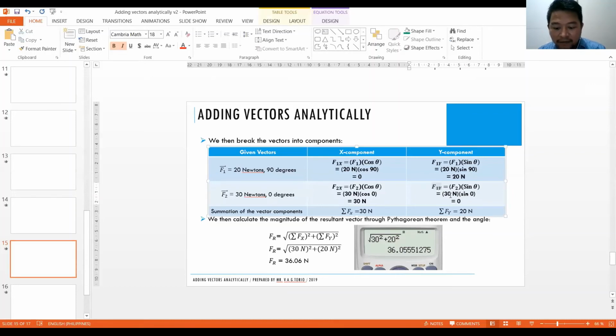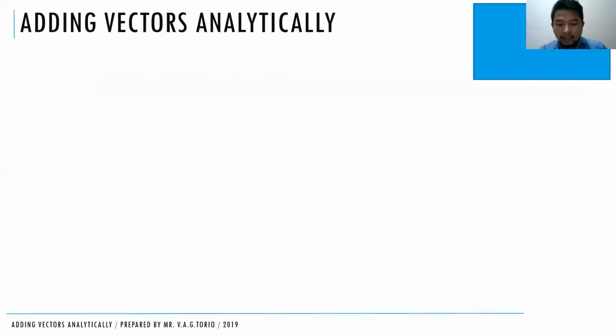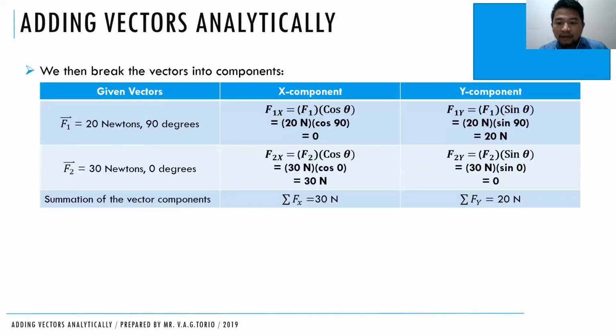This is f sub 2y. There. We substitute the magnitude of f sub 2, which is 30 newtons, and multiply that with the sine of the angle theta. Sine 0 is 0. 0 times 30 newtons is 0.